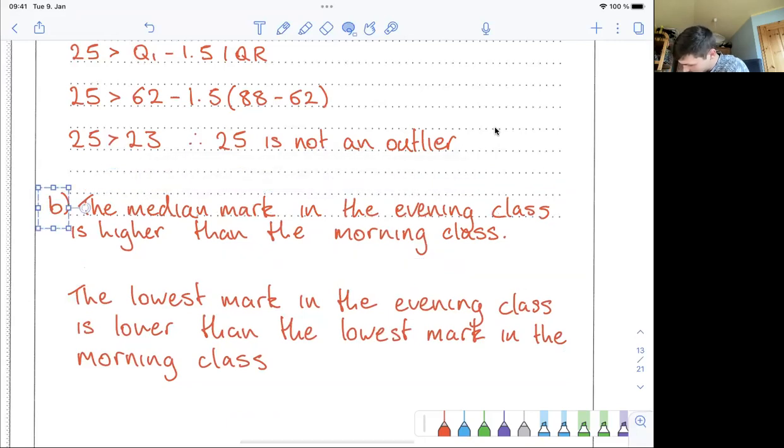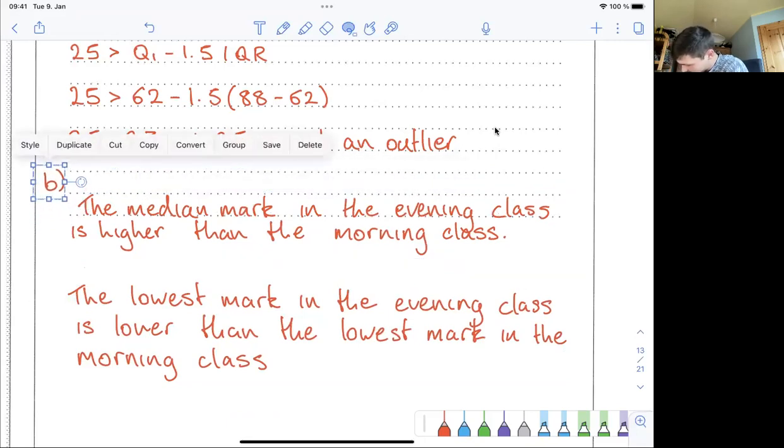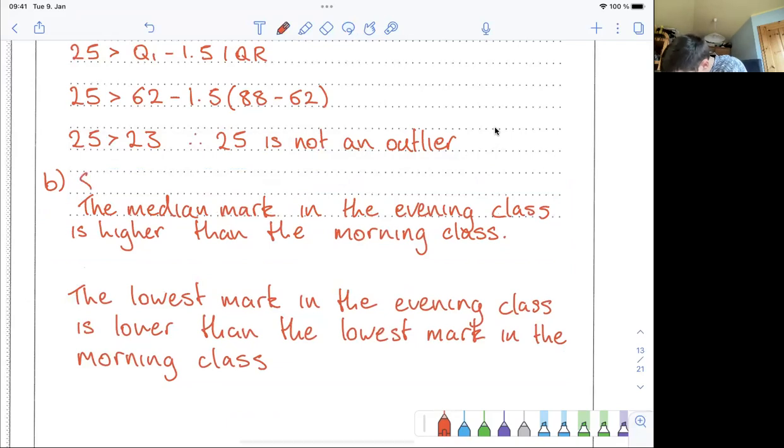I'm going to move my B back up to here, and I'm just going to write support here, and then counter here. And that quite clearly tells the marker what you're talking about. So that would be good.